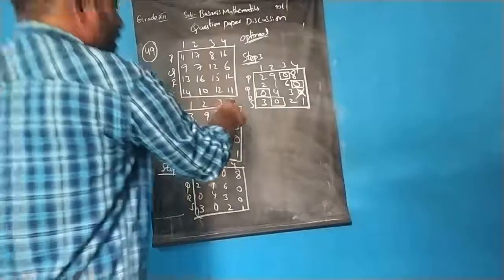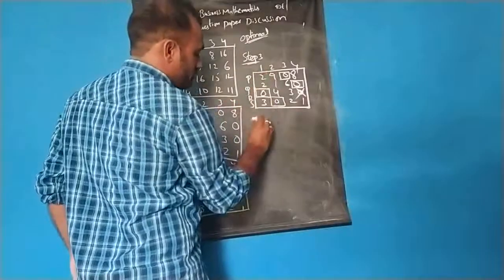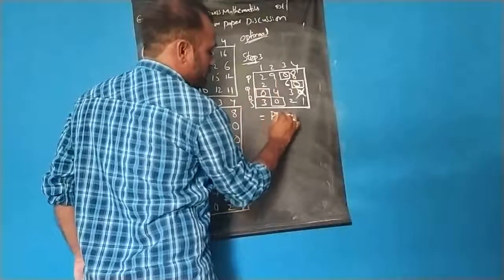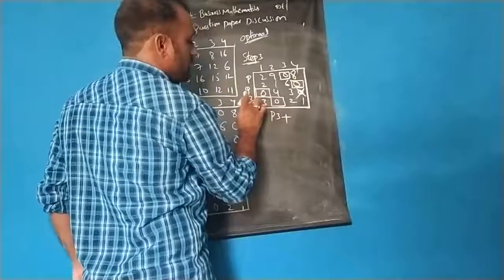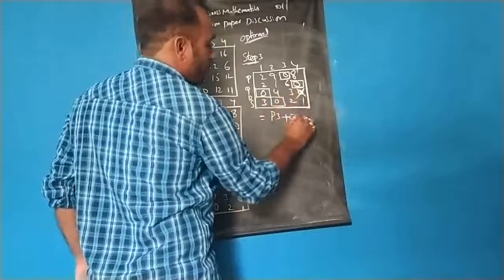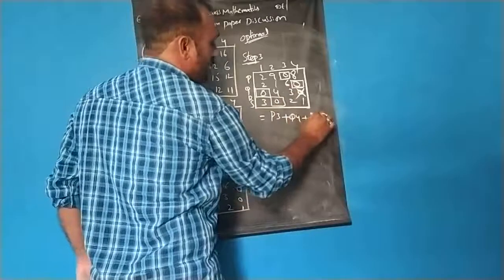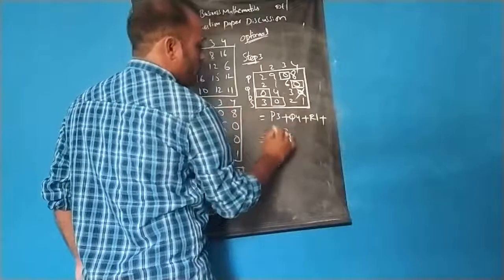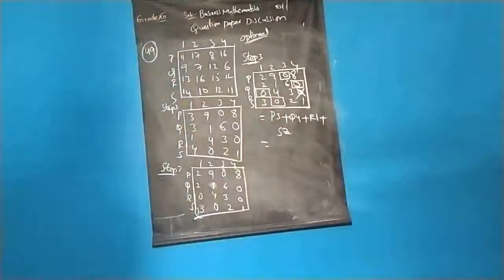the values here are, to get the value here, P3 plus Q4 plus R1 plus S2. If I add this, 3 plus 4 is 7, 8, 10.